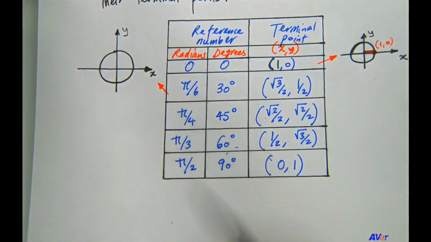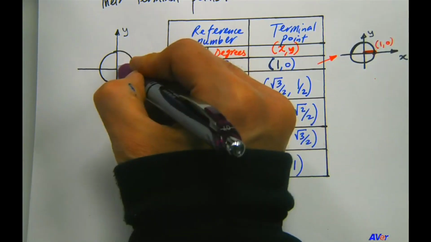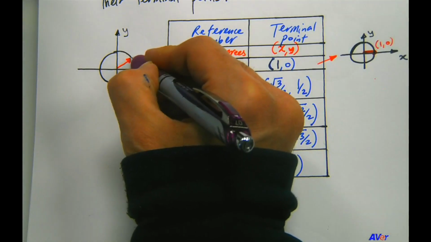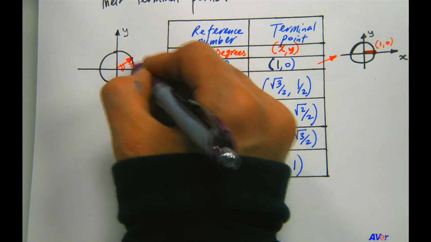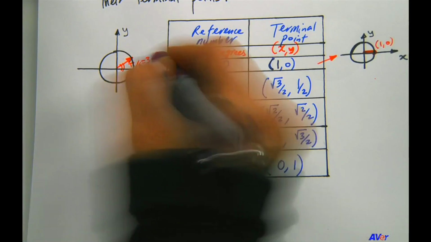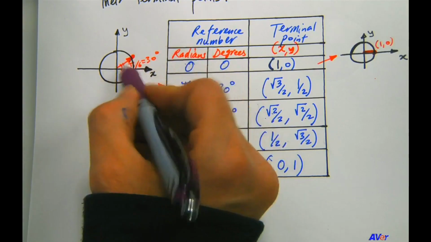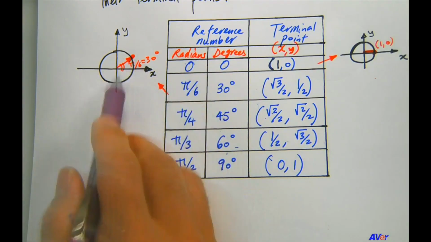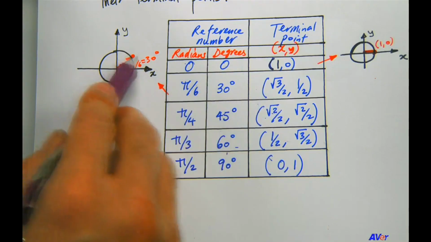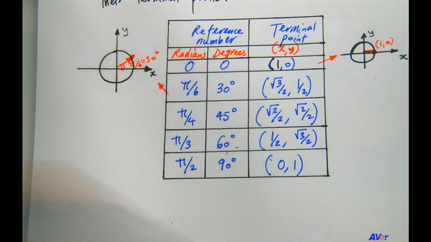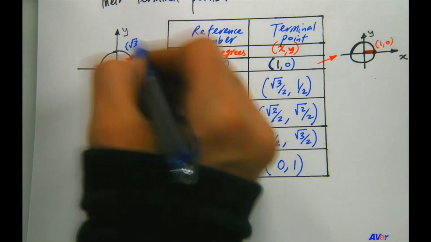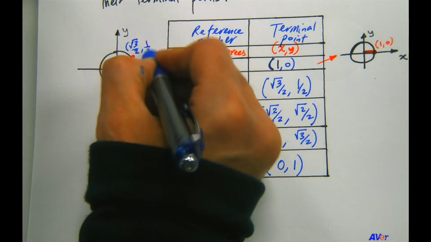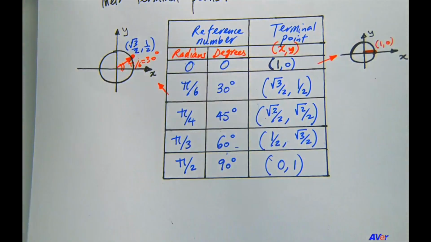And pi over 6 would be somewhere here. So that's pi over 6, or 30 degrees. And the terminal point is right there, right? That's the terminal point. And we're saying that the coordinates of that terminal point are as follows. So they are square root of 3 over 2, comma 1 over 2. Okay.